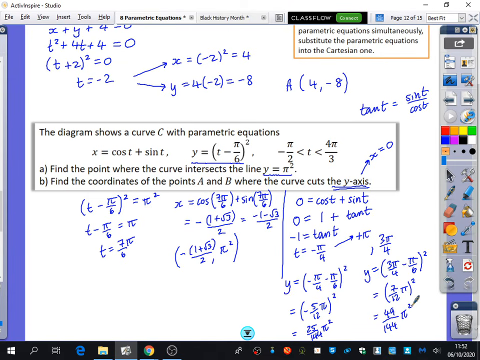So the coordinates of A and B where it crosses the y-axis, well, we don't know which one is A and which one is B, and it doesn't matter. So A is going to be x is 0, and y is 25 over 144 pi squared. And B is 0, 49 over 144 pi squared.